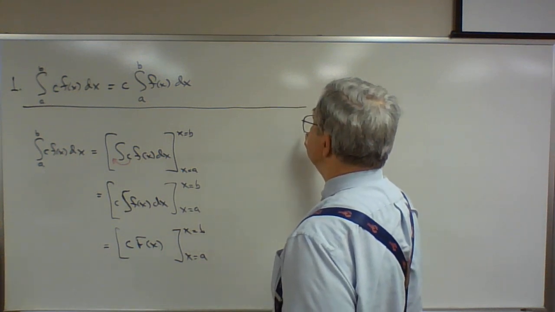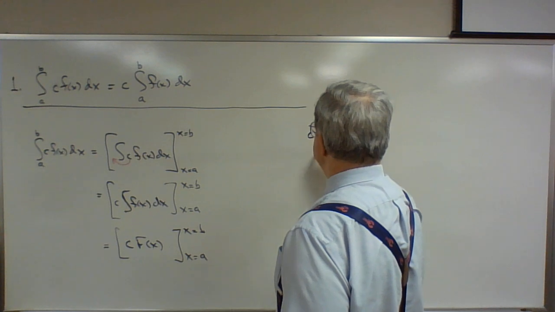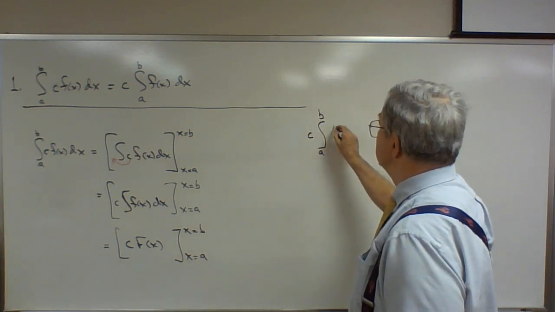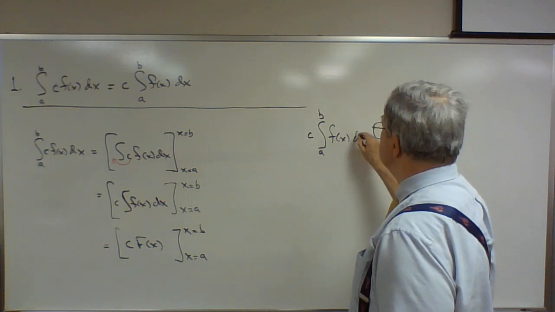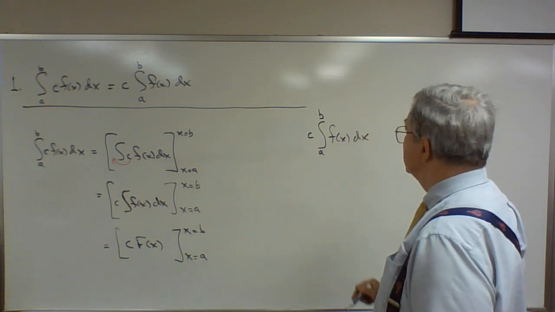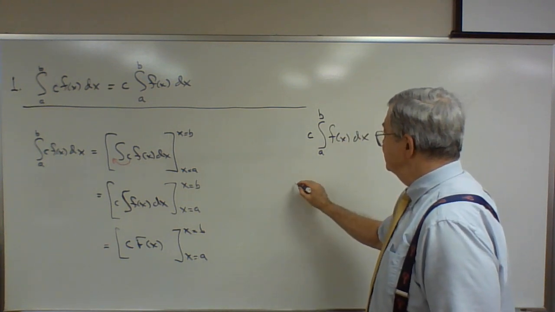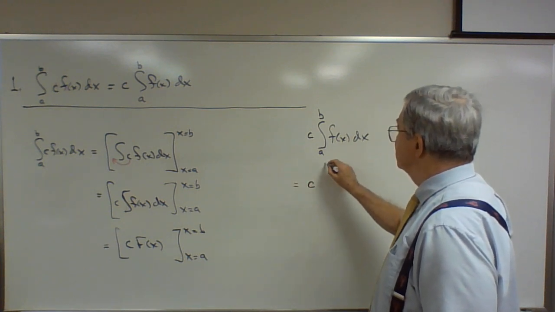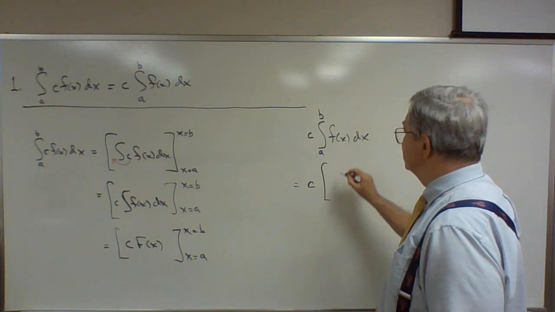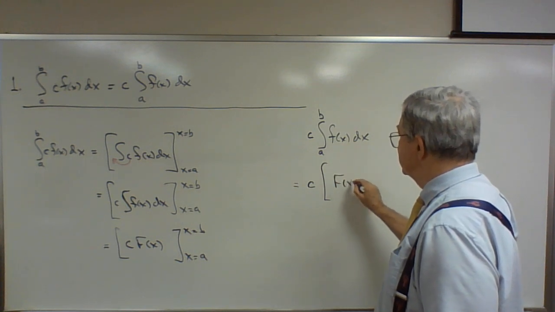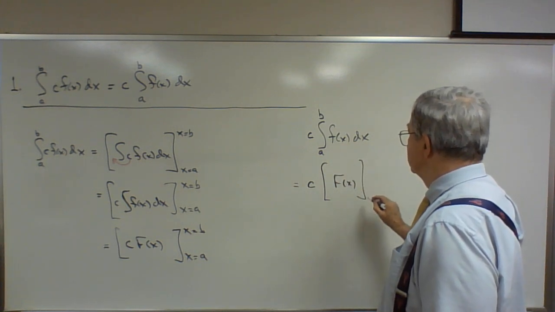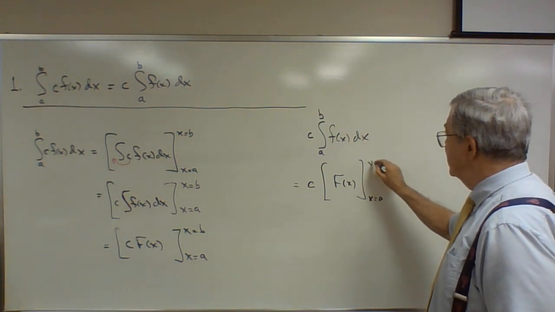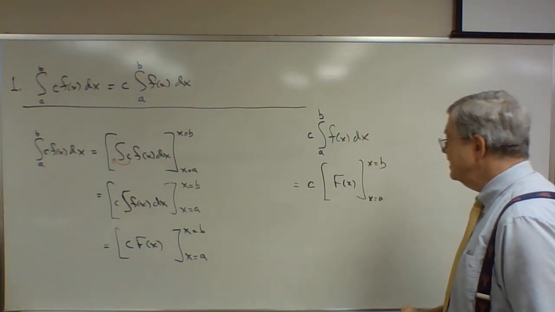What do we get if we have c times the definite integral from a to b of little f of x dx? Well, that's going to equal c times the antiderivative of f of x, which is big F of x, evaluated from x equal a and x equal b.